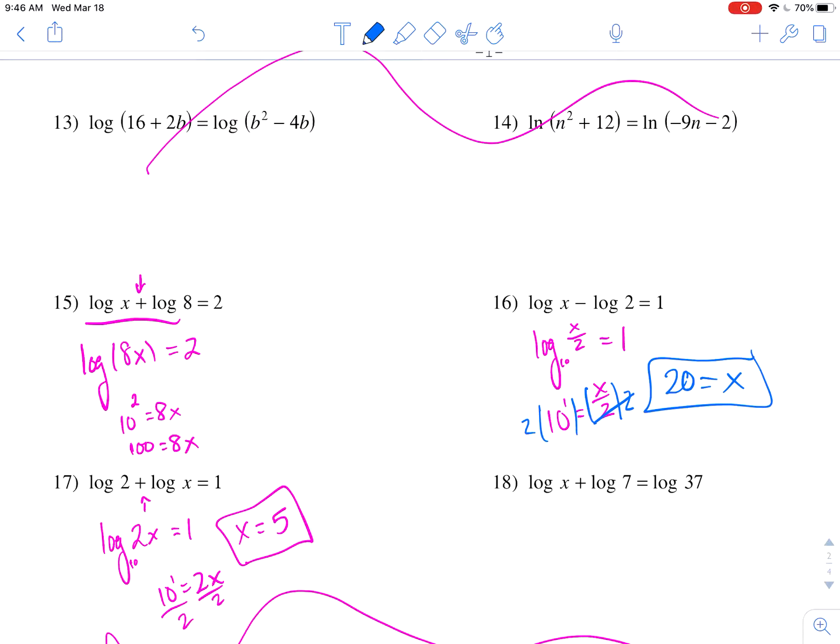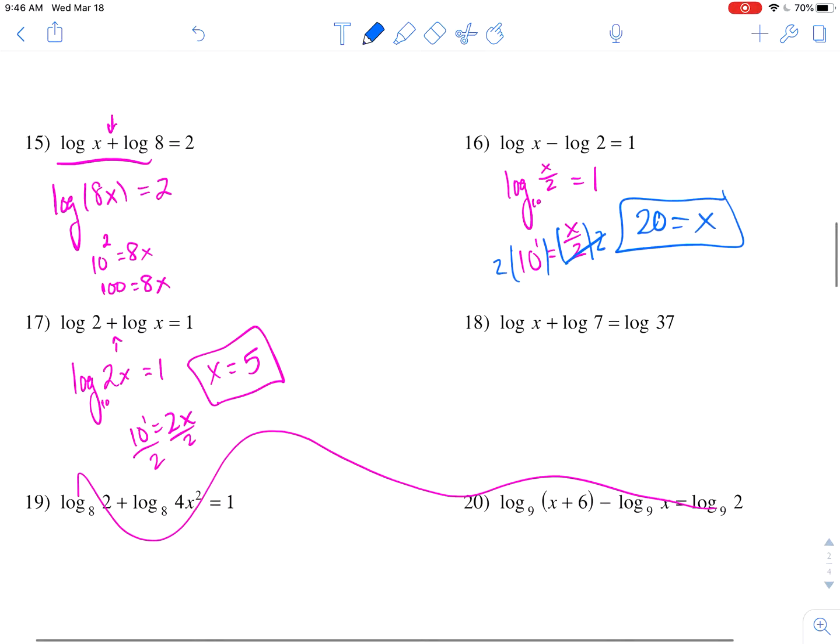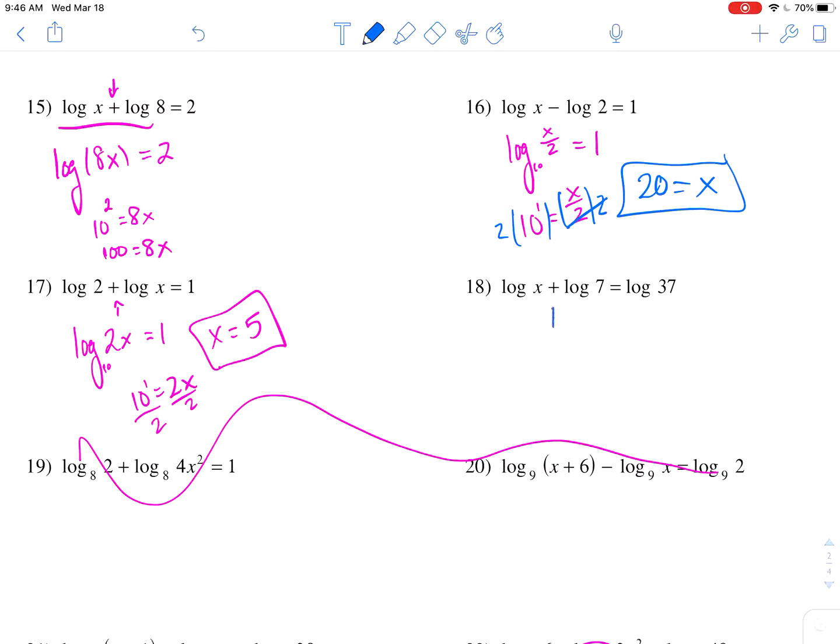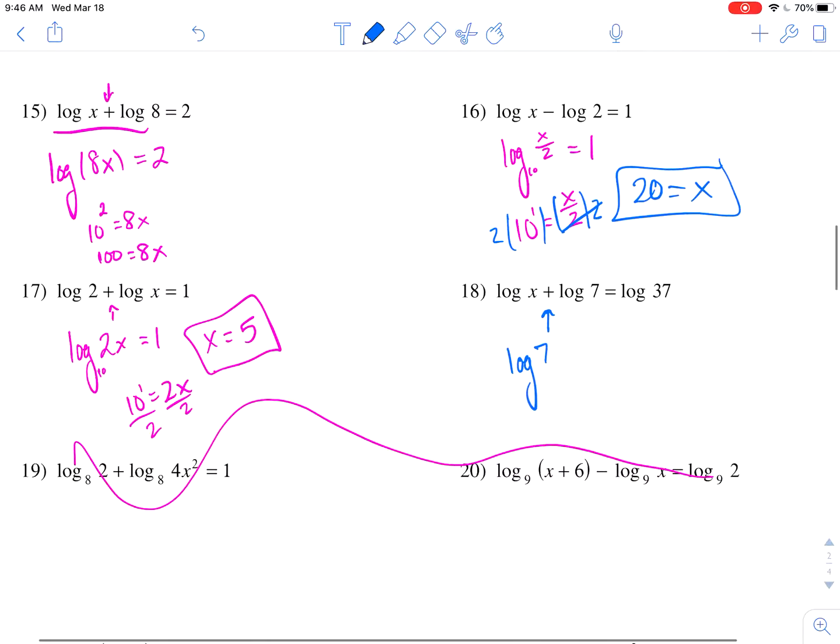And 18 is a little bit different. I'm still adding two logs together, so I'll still condense with that shortcut. But then I'll have a log equals a log. So let's see what happens here. I've got adding, so I'll multiply, so 7 times x, or 7x, equals log of 37.